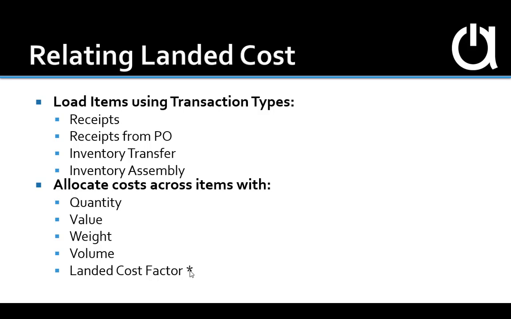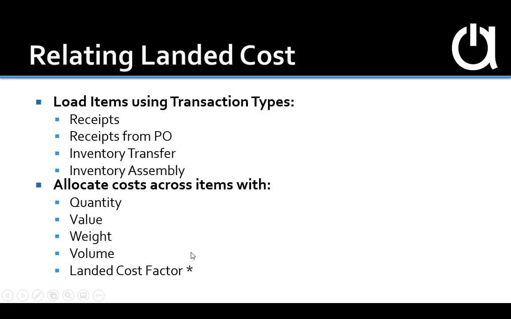So this factor is a multiplier for the product that can be used to get more than the normal share. So if you have an item that maybe is a higher value item that you want to definitely make sure gets more of its allocated customs fees or something, you would use landed cost factor to do that. And I'll show you what we're talking about there once we get into the demo.